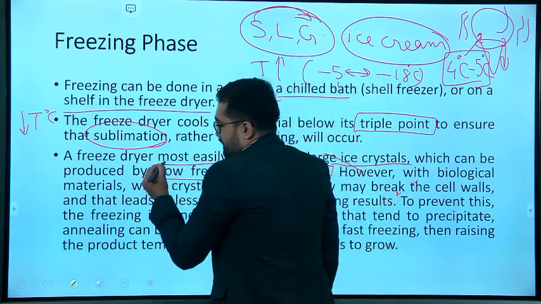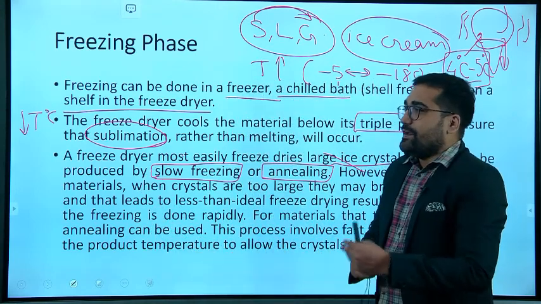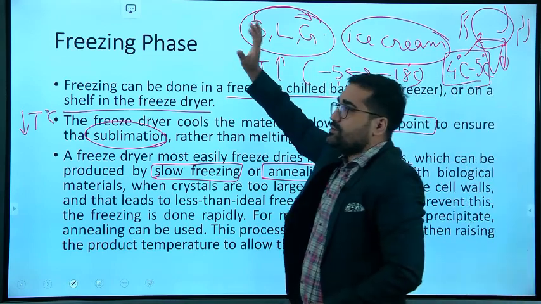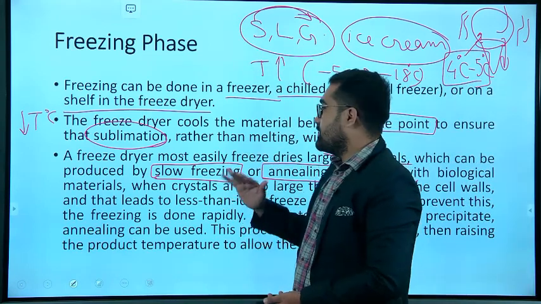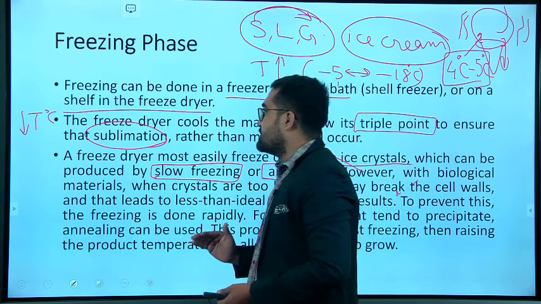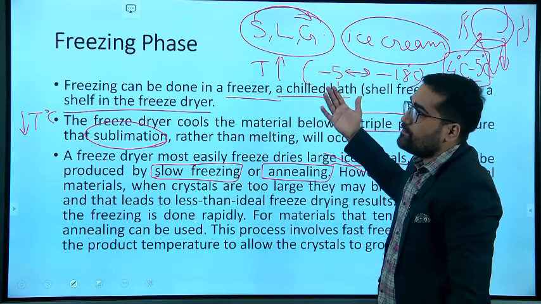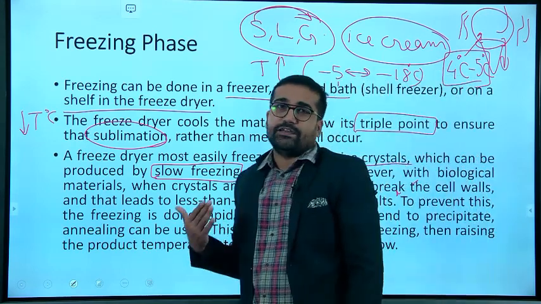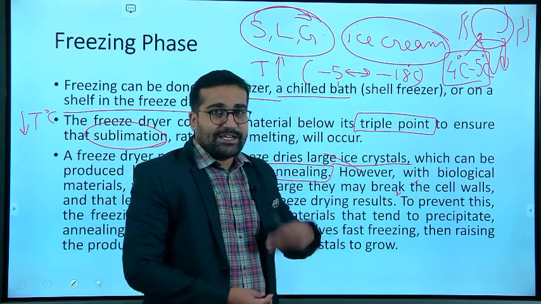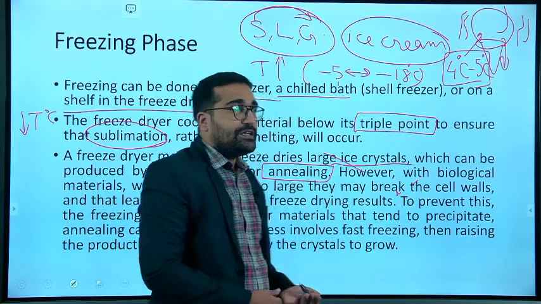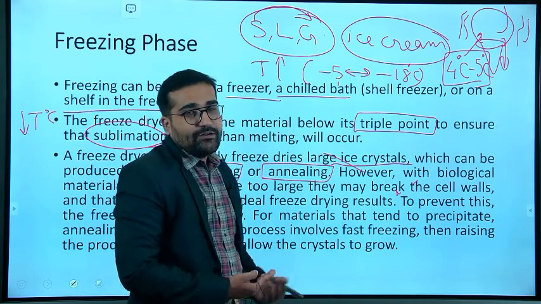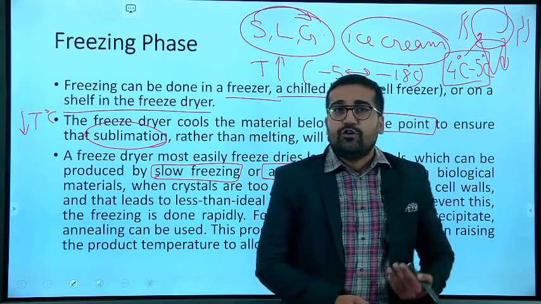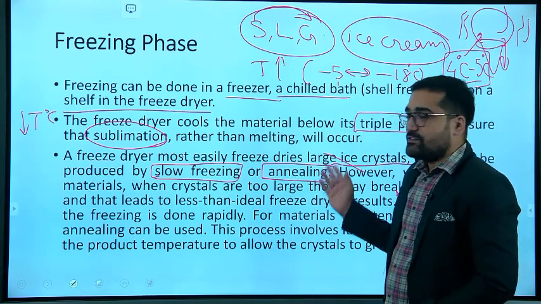Generally we try to reduce the processing time in our processing industry, so we perform fast freezing operations. But there are some limitations with certain types of agricultural produce that you can't fast freeze. Meat is the best example of that. In those cases, we do slow freezing of those products, which is also known as annealing.